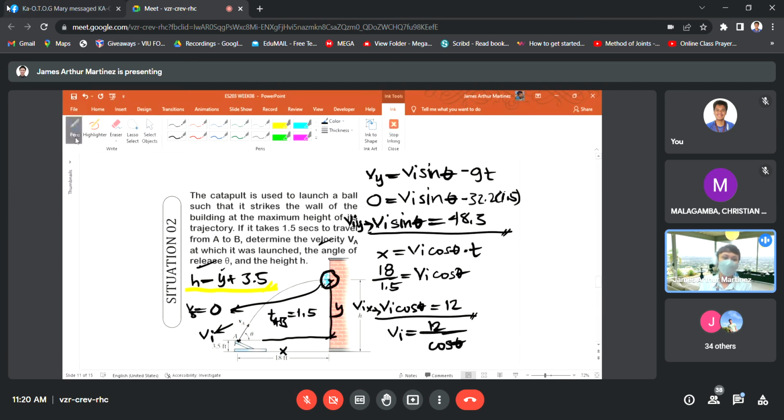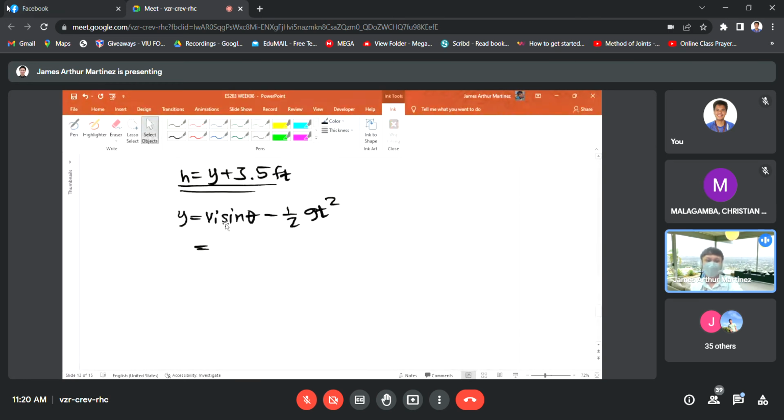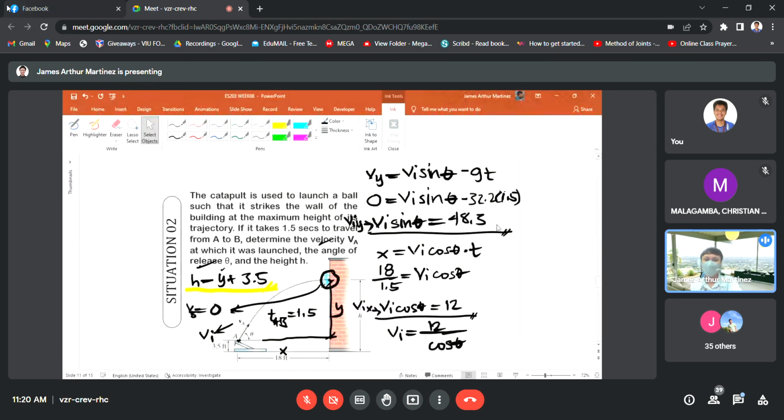But I will use this relationship instead. VI sine theta is equal to 48.3, so I will just use that.